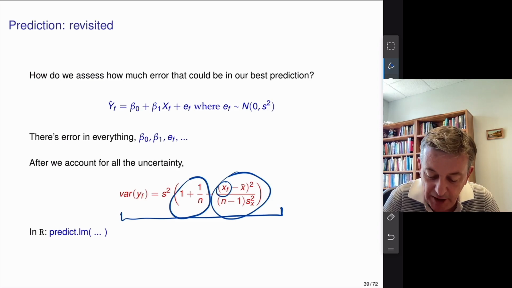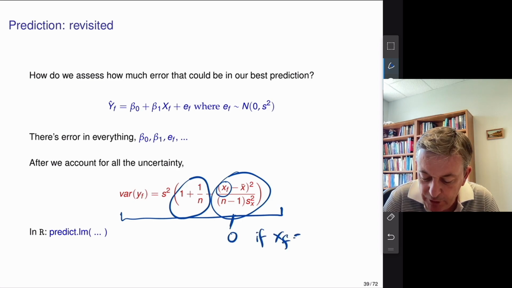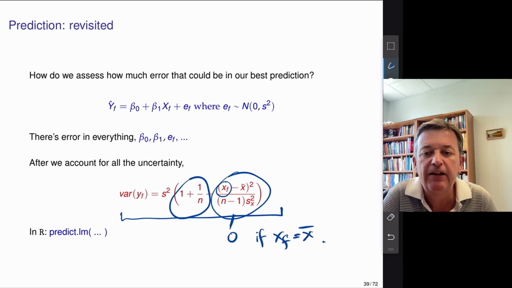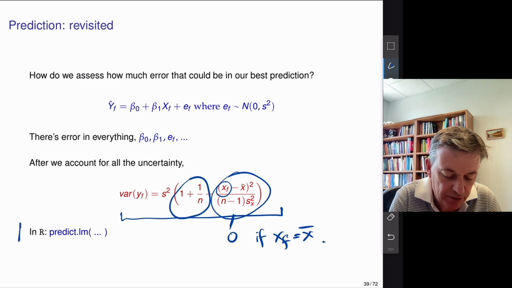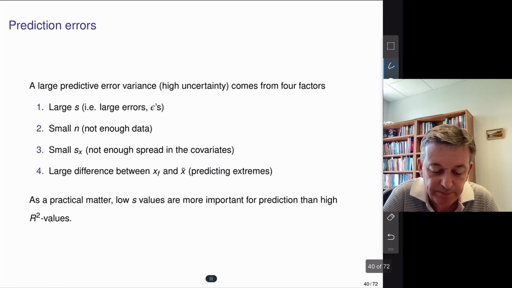Remember that this term will be equal to 0 if the future X is equal to X bar. And again, that makes sense, that the prediction bounds will be smallest when you're trying to predict at the total average level of all of the X's. And of course, the output variable there will be the average Y. And again, the R command is the predict.lm command to get that.